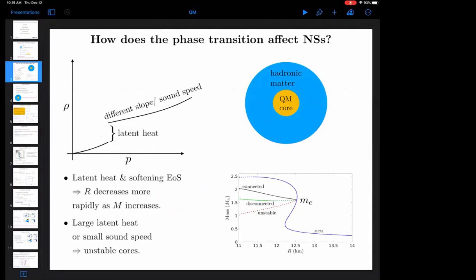As soon as you nucleate a core, there's a discontinuity in the MR curve due to the fact that there's a latent heat and that the speed of sound is different in the quark-matter core. So that is the primary observable that we're looking for, the kink in the MR curve. If the whole star was quark matter, the MR curve probably looks nice and smooth. There's no kink. So my answer is this analysis will not see it.